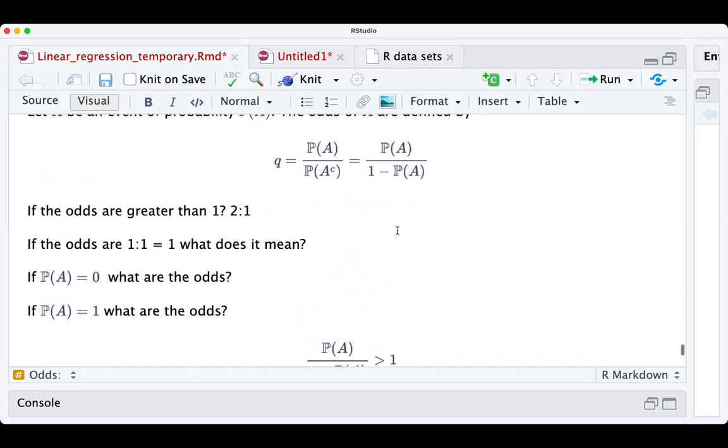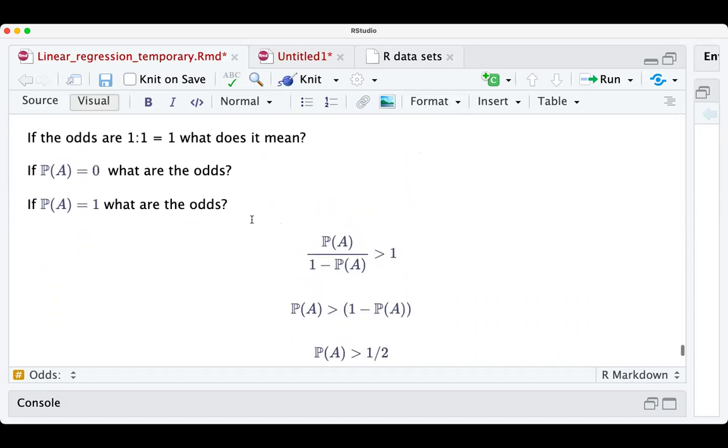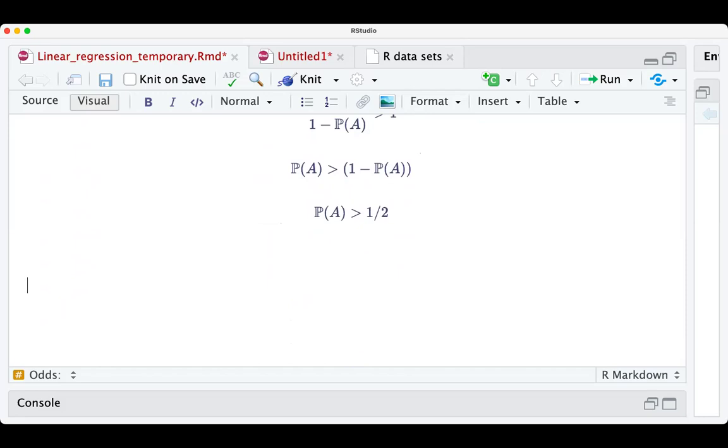So, for instance, if the odds are 2 to 1, let's see what happens.